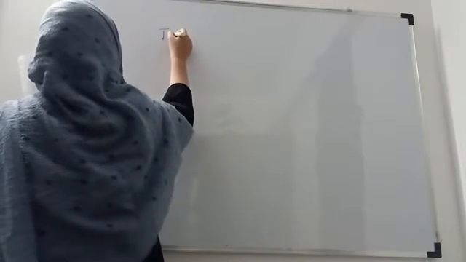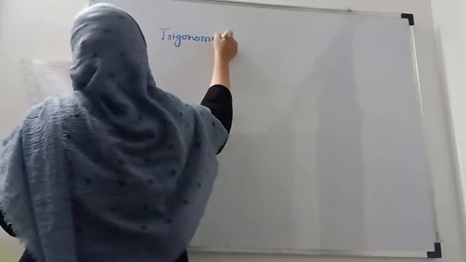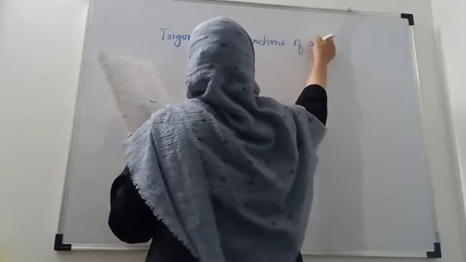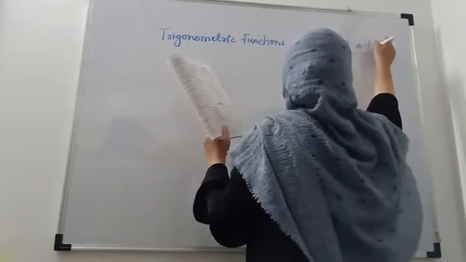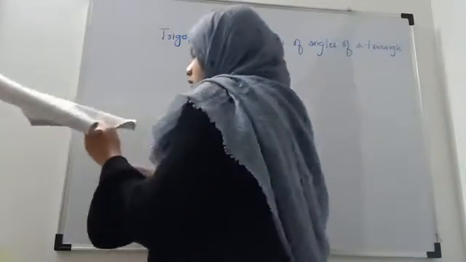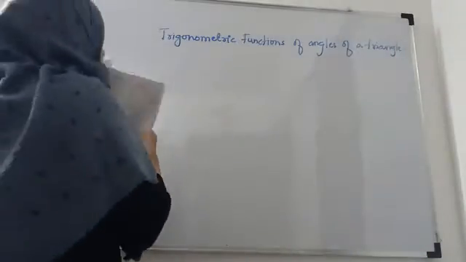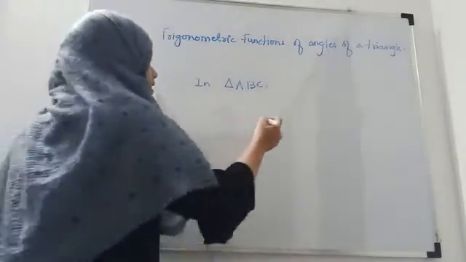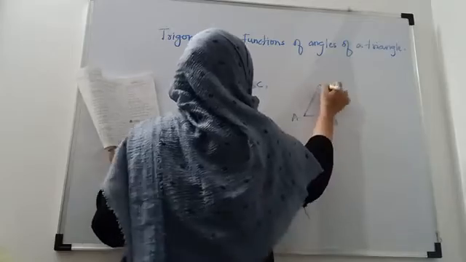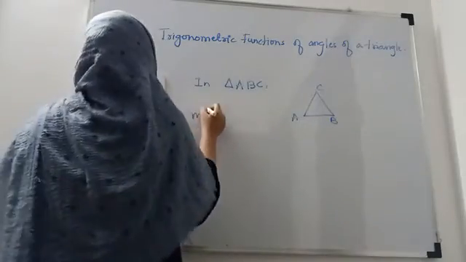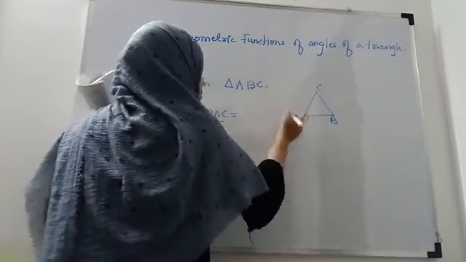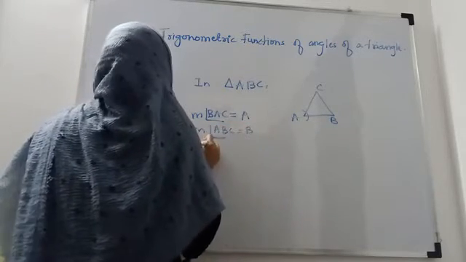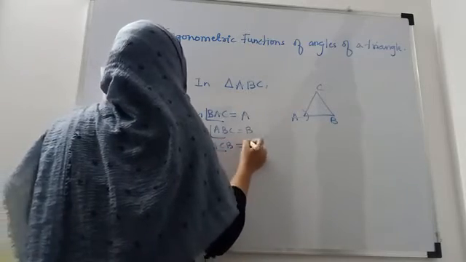So here in the notation it is given that for any triangle ABC, we'll use the notation: the measure of angle BAC will always be A, the measure of angle ABC will be B, and the measure of angle ACB will be C.